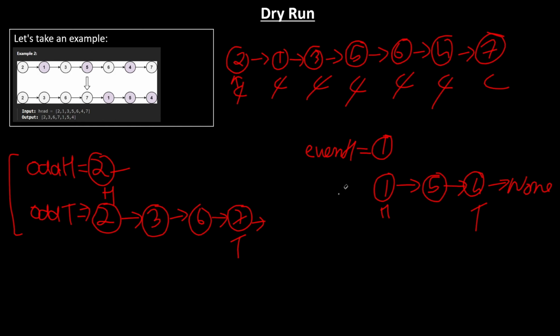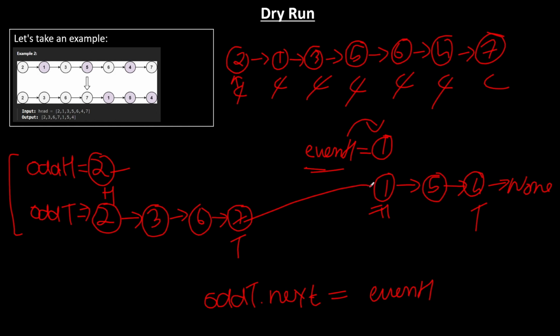Now what will happen? Tail's next, or we could say odd tail dot next, will be even head. Now even head is 1, correct? Which is this. So it will point to this value. Fine.